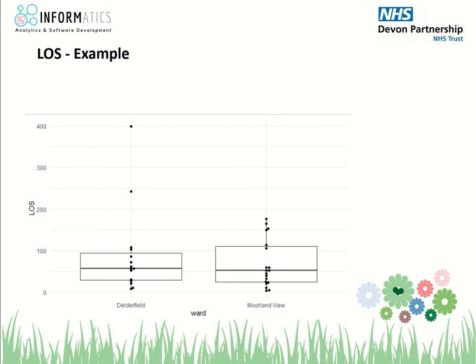So hopefully you can see that by using box plots, you can actually understand much better the full distribution of what's going on within wards. So we take every patient into account, and we can actually see where we have those outliers. We can see not only is the average going down, but the longest lengths of stay are also coming down over time.